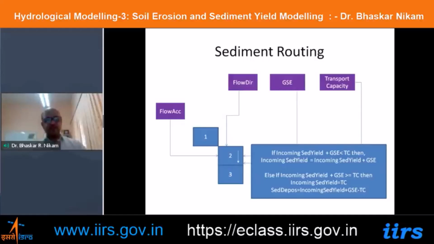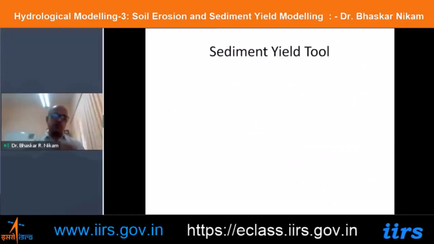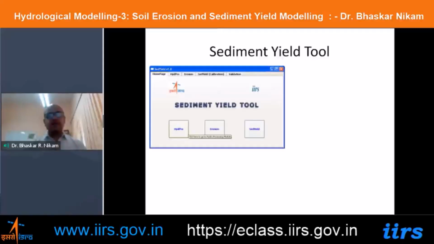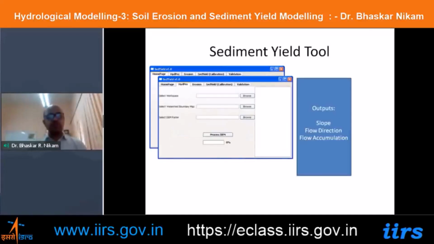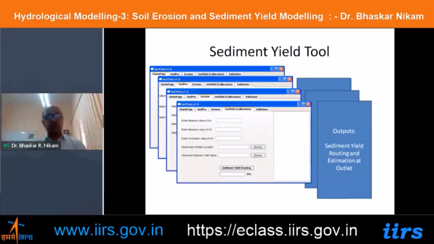Now to do that, we code using both IDL and Python, and this code goes on calculating the sediment yield up to the last point. We have also developed a user interface which we have named SedYield, which does the hydro processing, calculates the gross soil erosion, the sediment transport capacity and sediment yield, and then it can be used to validate.